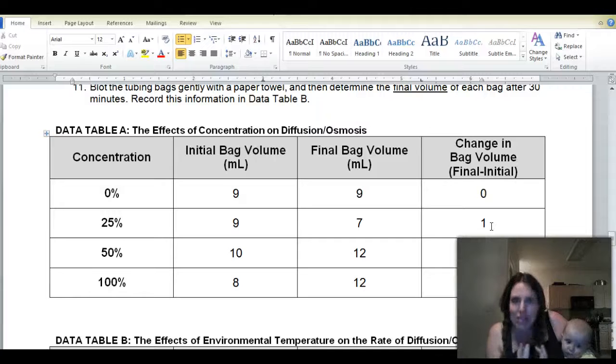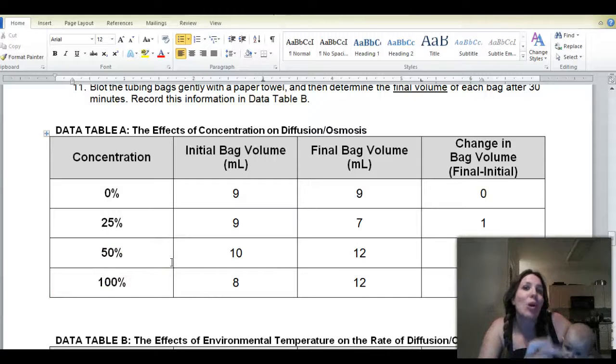So we have the molasses still there, plus all this new water coming in, increasing the total volume inside the tube, in this case by 1 milliliter. Now when I reduce the water concentration even more and increase the molasses concentration, so now I have a 50-50 mix of molasses and water, same thing.